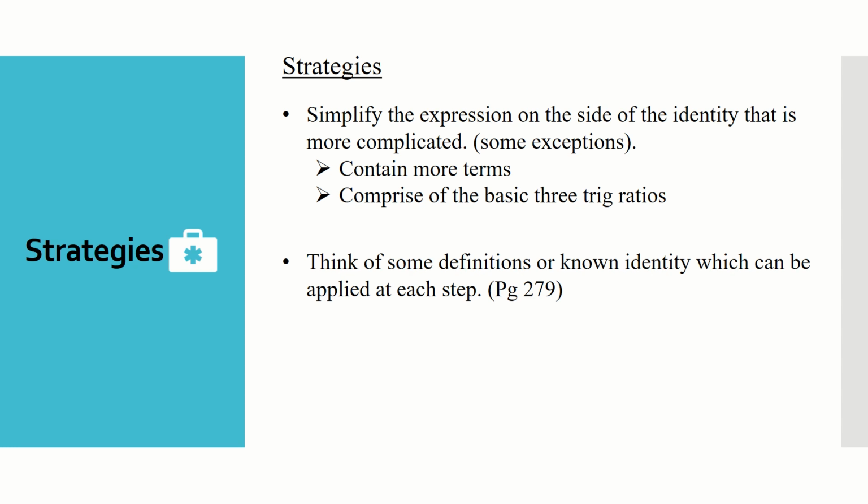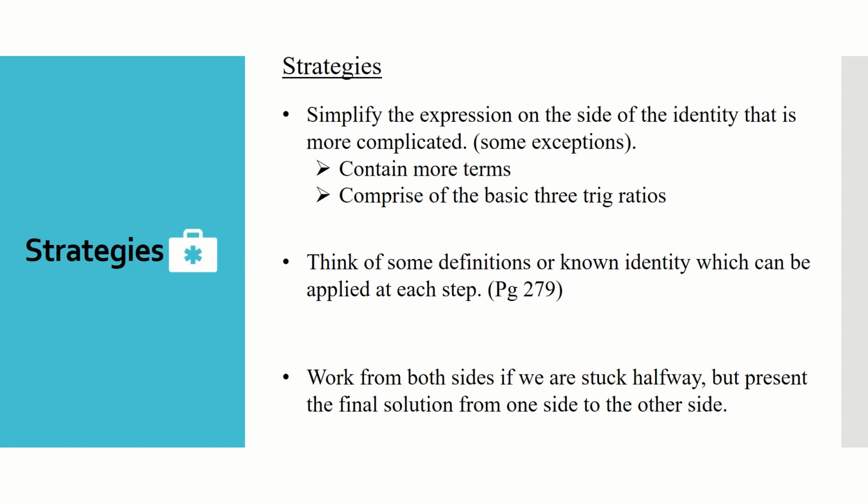Along the way, think of some definitions or known identities which can be applied at each step. A full list of the identities may be found on page 279 in the textbook. In some instances, if we are stuck halfway, we may work from both sides to a middle point, but please remember to present the final solution from one side to the other.